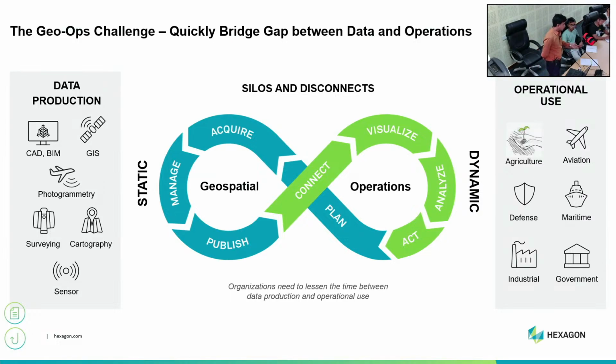Once you come to us, we will give you the solution on this platform. You can see here agriculture, aviation industry, defense industry are the users. We are everywhere in the government sector as well as the public sector.